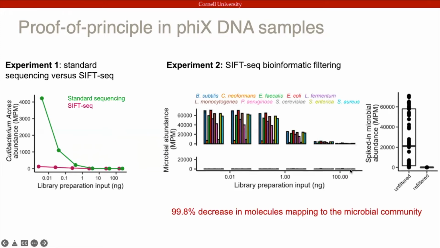And again, for cfSeq, we are not seeing that. We can quantify the total abundance of this microbial community. And we see that after filtering, we are resulting in a 99.8% decrease in the number of molecules that map to the microbial community. So we are significantly accounting for environmental DNA contamination.